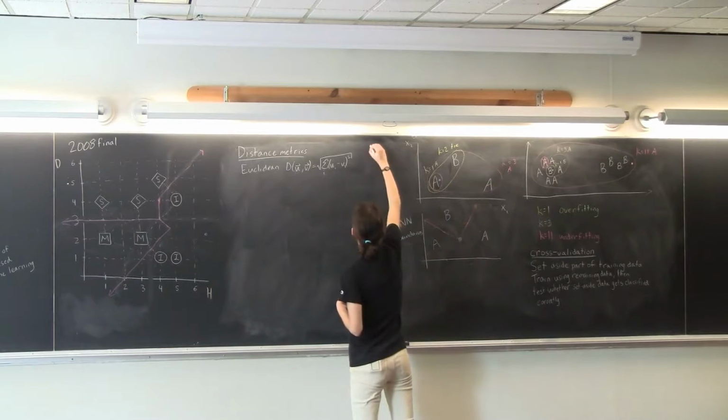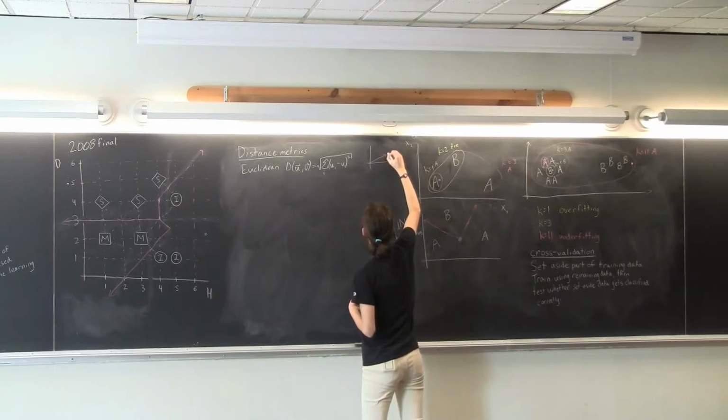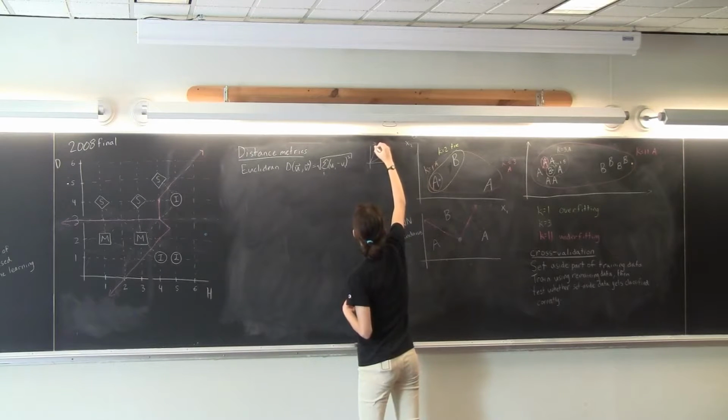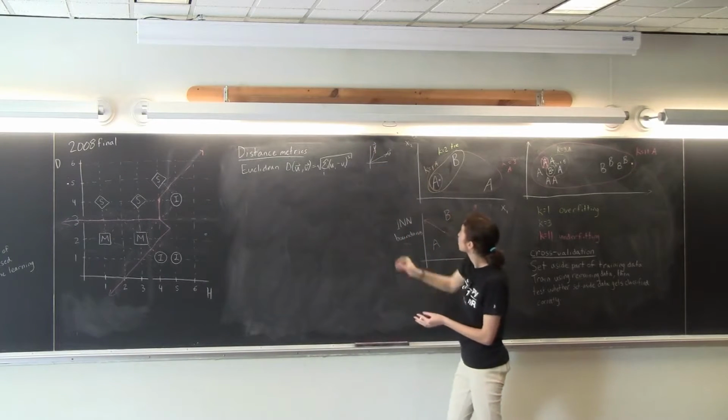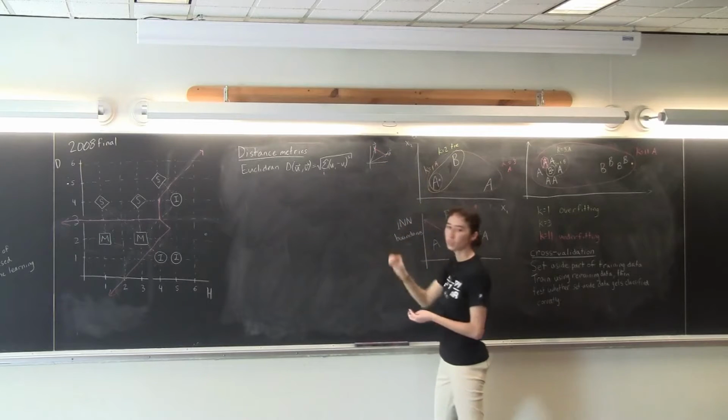So for example, if we have some point u and some other point v, then that's just going to give us this straight line distance.